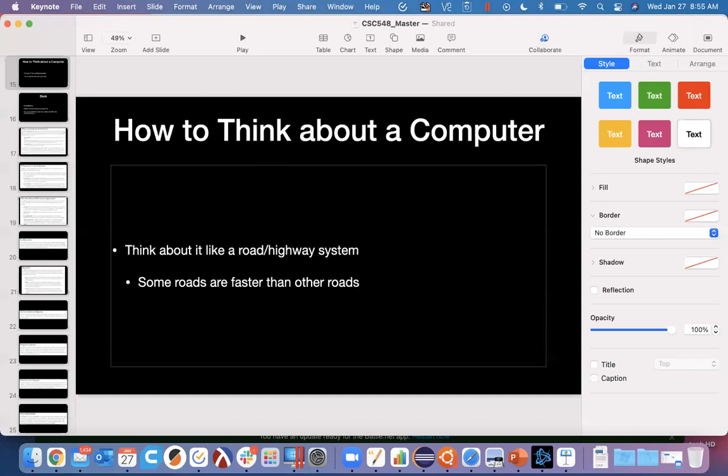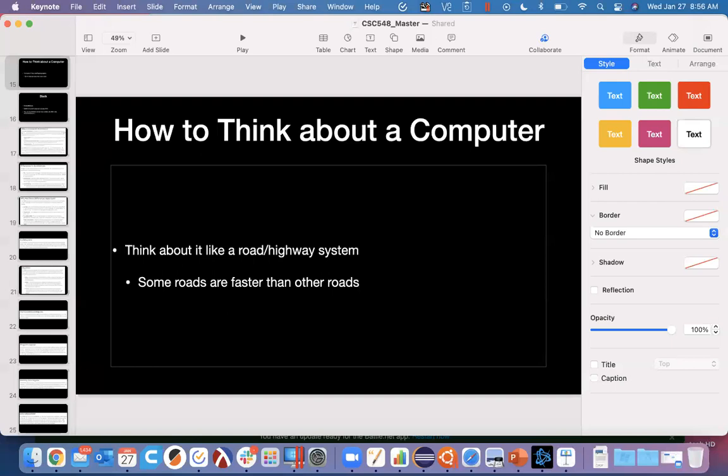Or I can take 43, the interstate, down to Milwaukee, and then take 94 across to Tosa. I'm probably going to travel a further distance, but in a substantially shorter time because of the speed those roads allow me to travel.